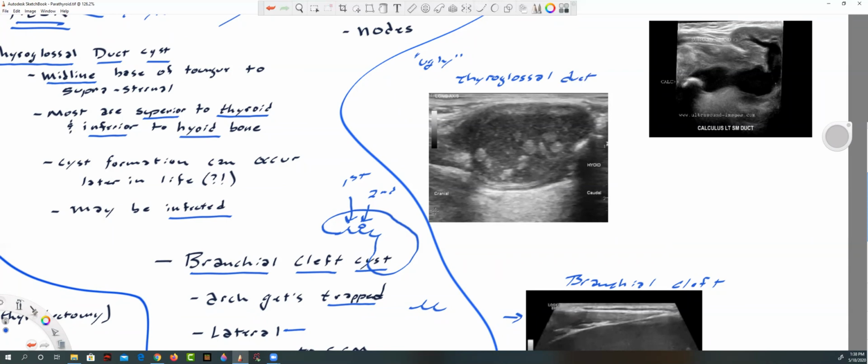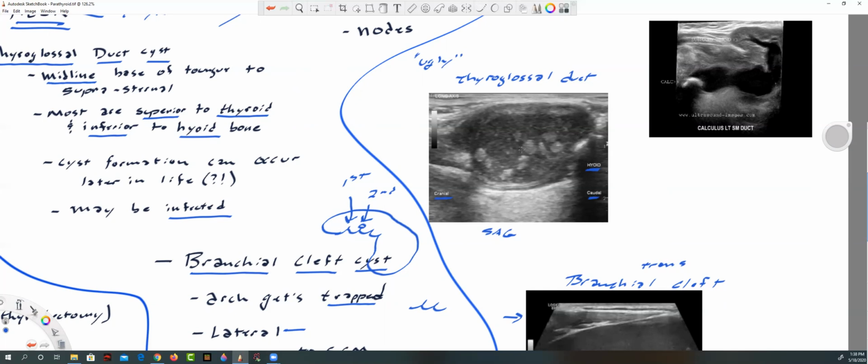thyroglossal duct. So this one is a sagittal picture. The one down here was transverse. This one's sagittal, and I know that one because they're saying cranial here, and there's a hyoid bone, and this is caudal, so it's got to be a sagittal picture.